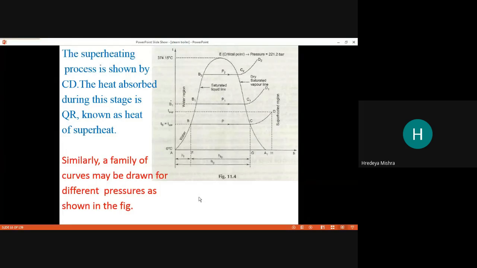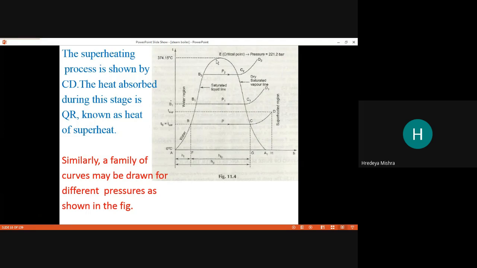Now, the superheating process is shown by CD. See here, C to D. This is your superheated steam process. Similarly, a family of curves may be drawn for different pressures as shown in the diagram. At different pressures, we get a change in temperature.